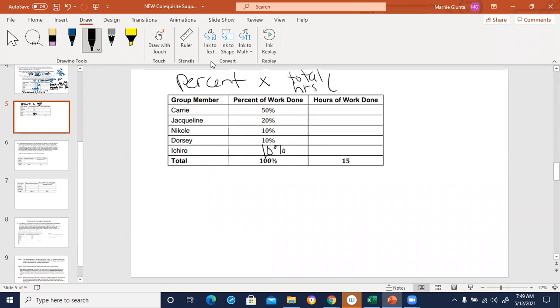And again, I'm saying that's the whole. The percent times the whole is going to equal the part, which is going to be the hours worked per person in this example.